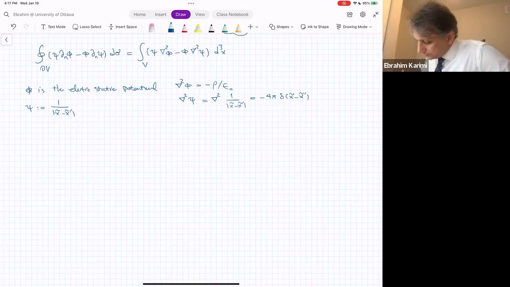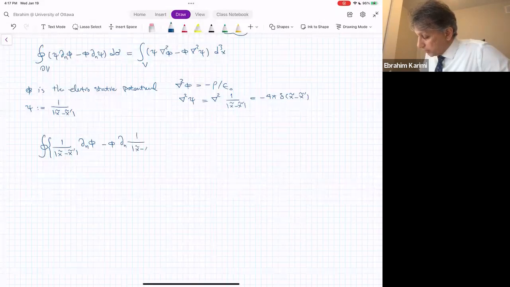Now replace it here. It will be the integral of psi, which is 1 divided by the magnitude of x minus x prime, derivative with respect to n of phi, which is the electric field potential, minus phi, derivative with respect to n of 1 divided by the magnitude of x minus x prime.